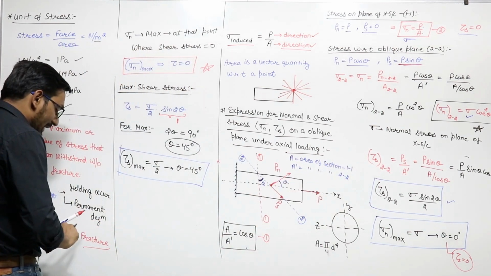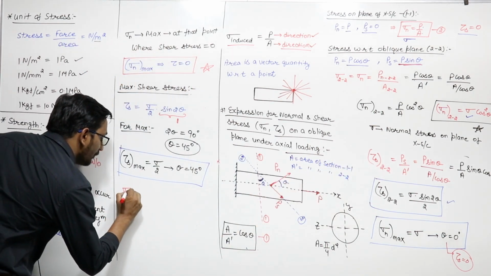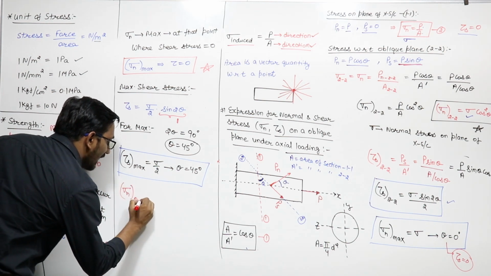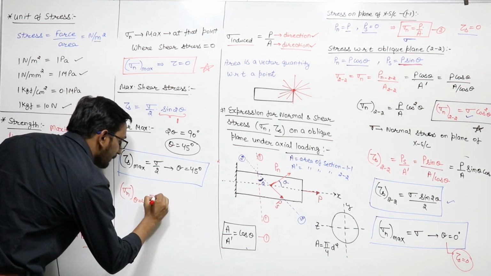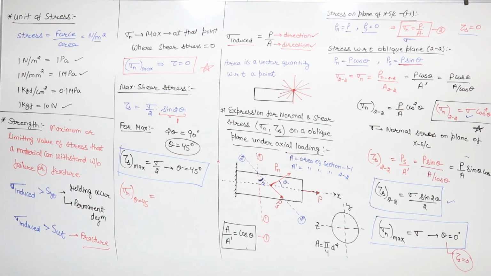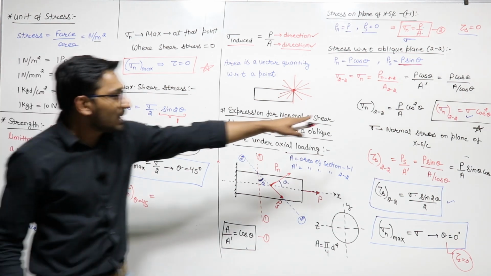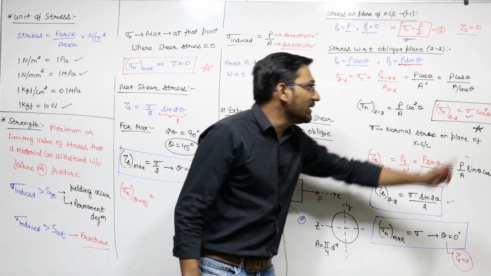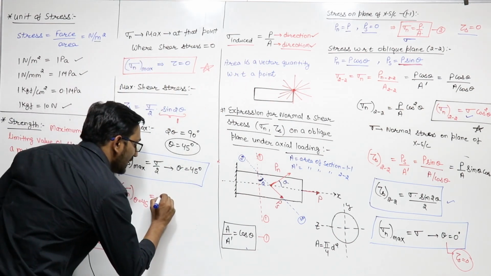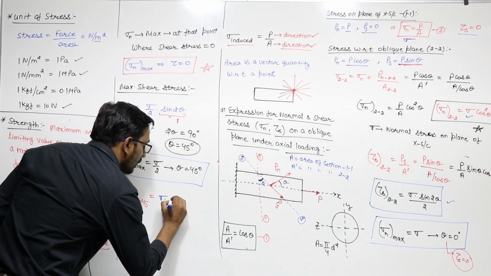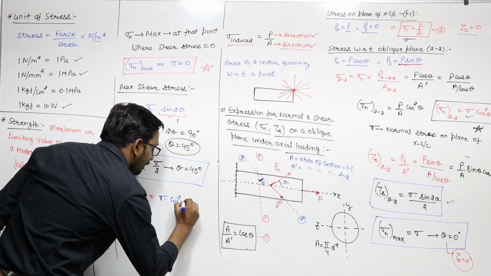And if you want to find the magnitude of normal stress when theta is 45, this will be equal to sigma into cos square 45.